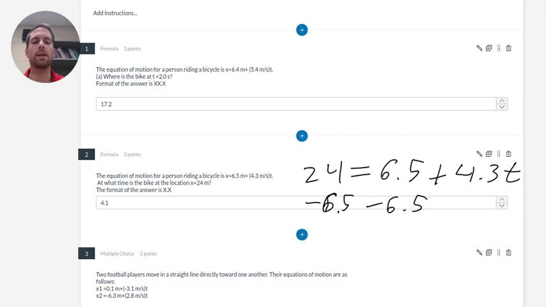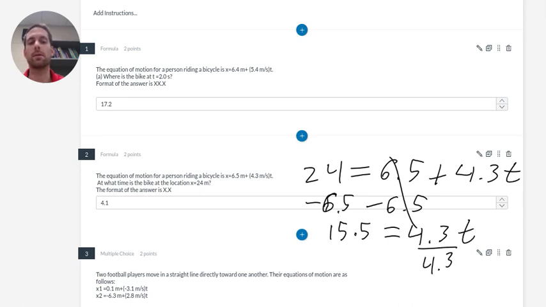Then that will cancel that out. And this is going to be 15.5 equaling 4.3 times time. Then we divide 4.3 to both sides. And our time is going to be 15.5 over 4.3.